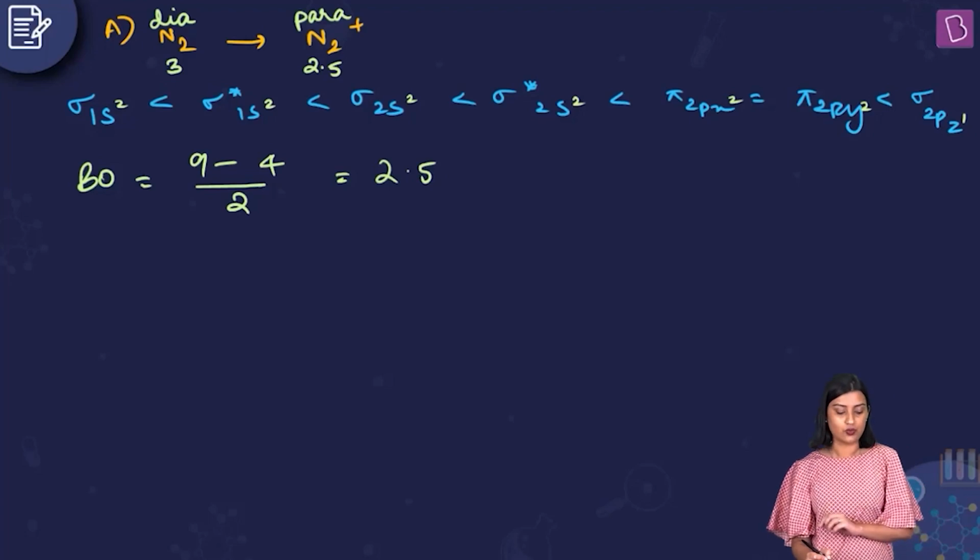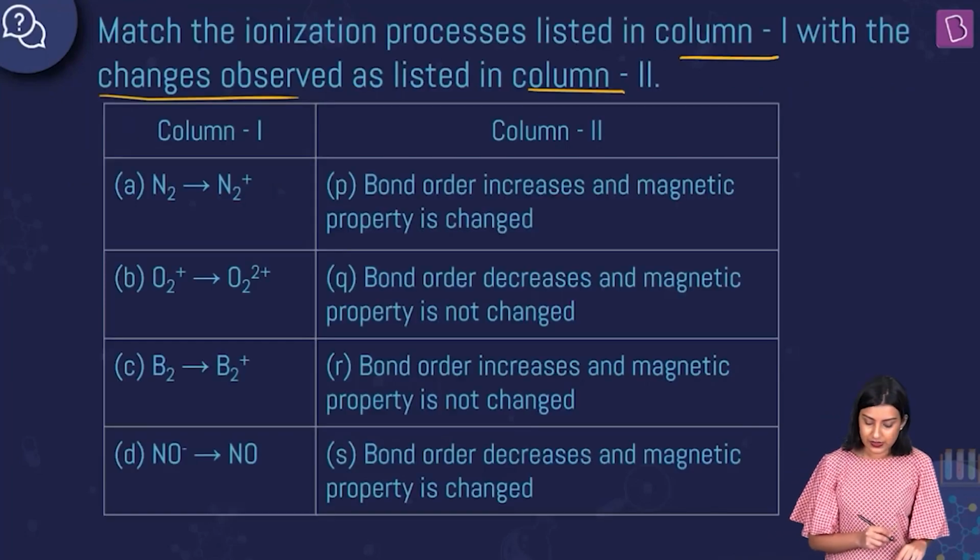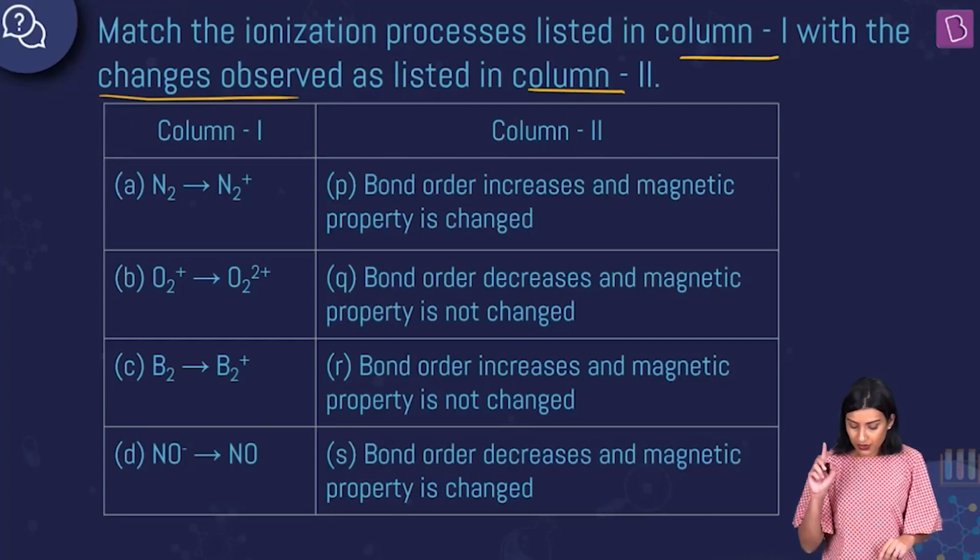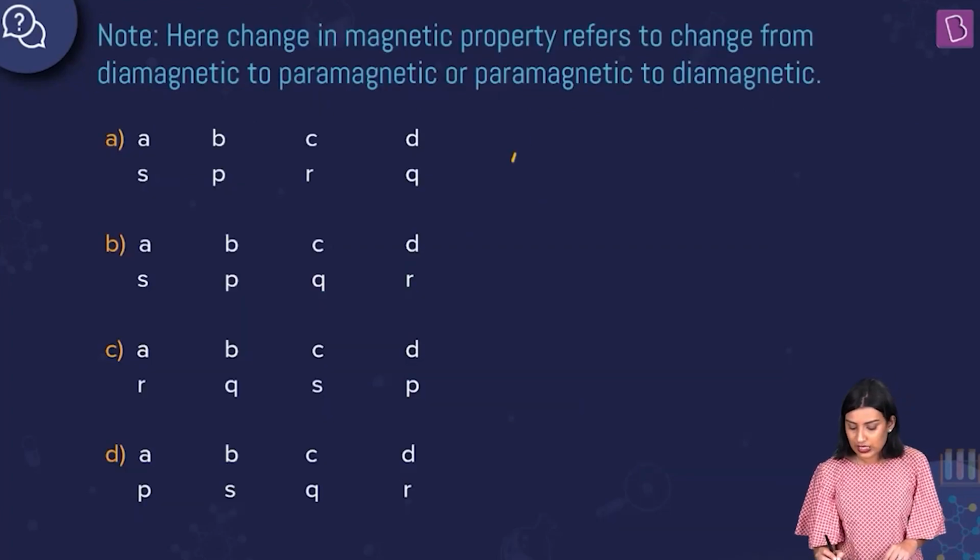Understood? So what is happening in the first chemical change? Bond order is reducing, and there is a change in the magnetic property. So bond order decreases and magnetic property is changed, which means we're looking at S. So A goes with S.